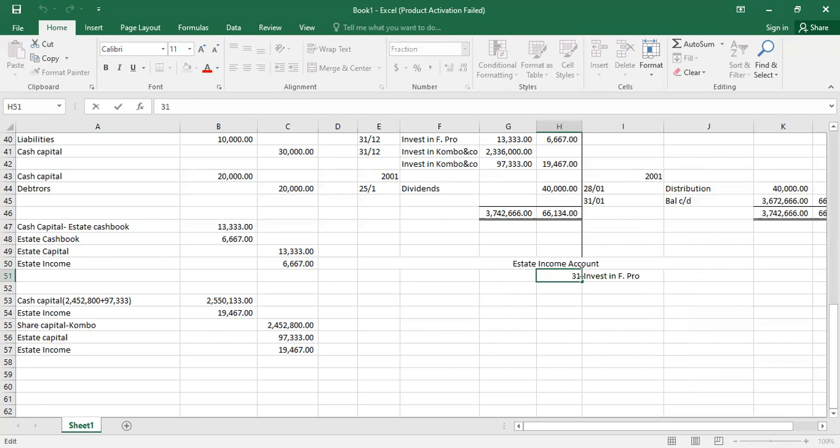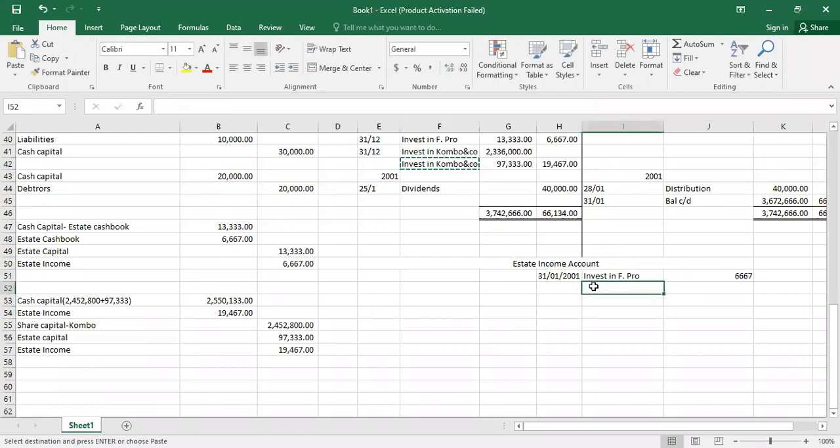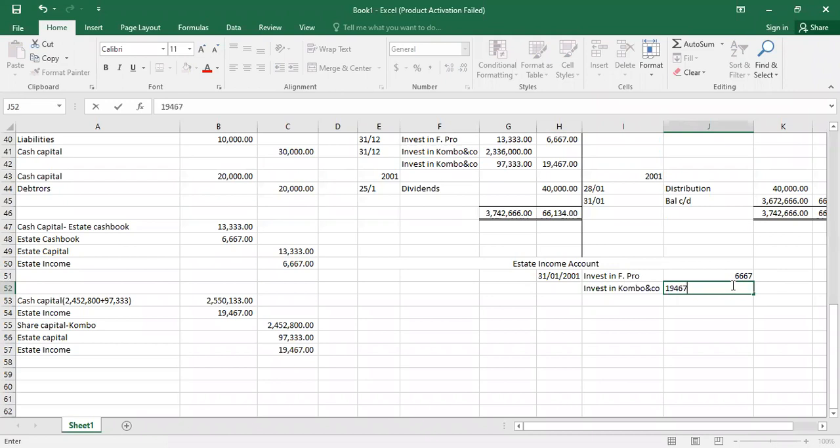Machine is misbehaving. So 31st January 2001. That's when we are closing our books. So the amount there is 6667, right? Then I have the investment in Kombo. I credit the, so I'm completing the double entry, 467.